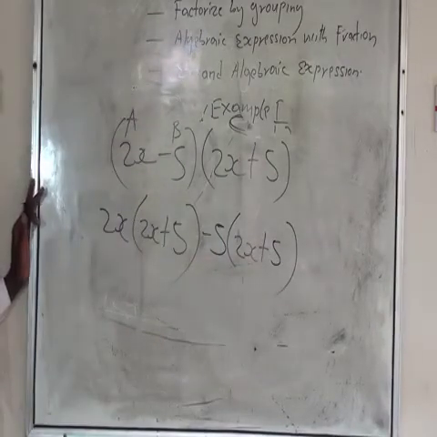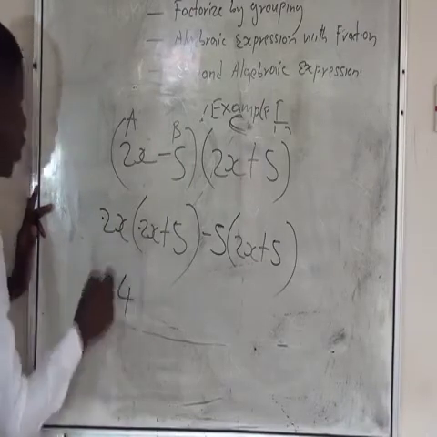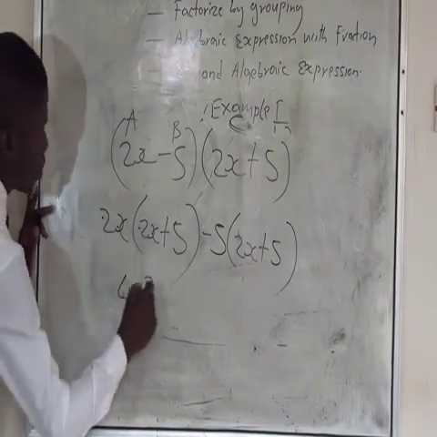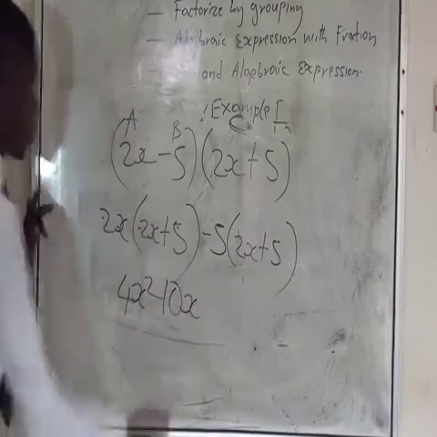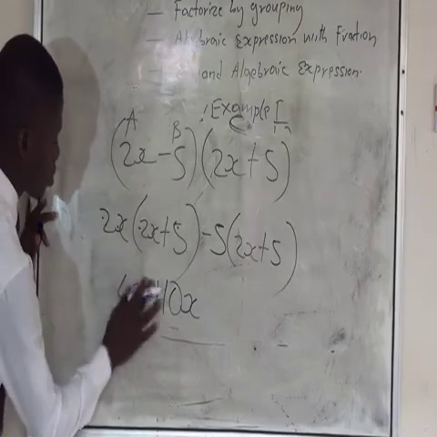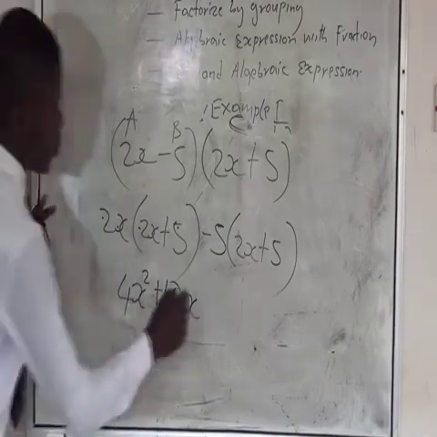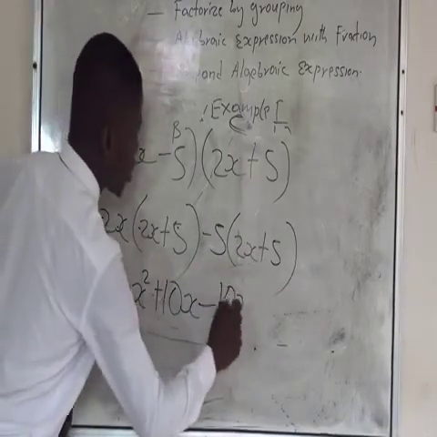Close the bracket. 2 times 2 is 4x. x times x is x squared. 2 times 5 is 10x. Put here plus. Minus 5 times 2 is 10x.